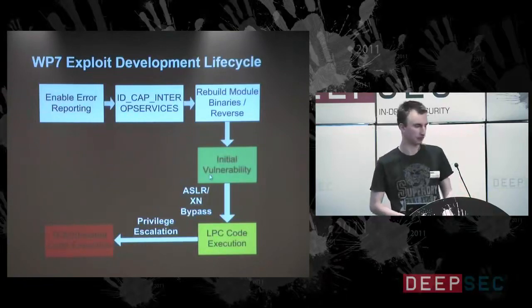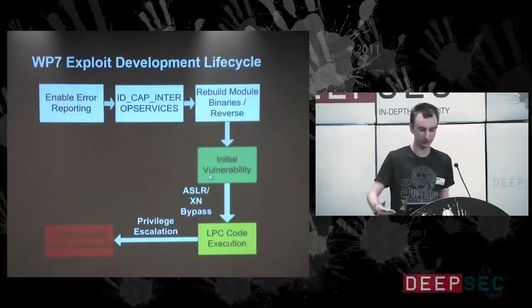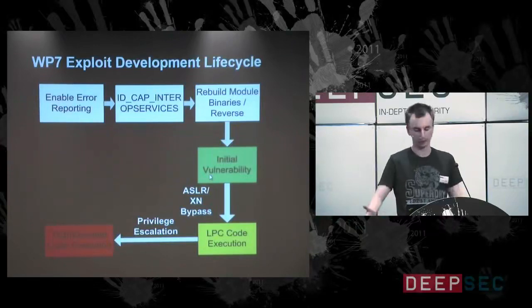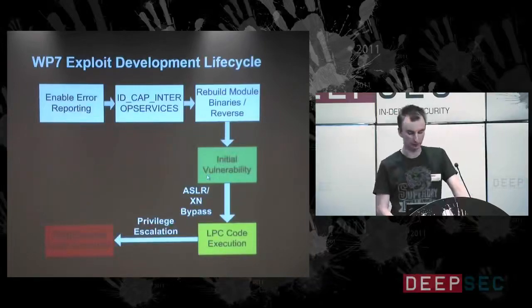You don't know where your data is in memory because of the ASLR. Even if you could find your injected shellcode, you still wouldn't be able to execute it because the memory page would be marked as non-executable. So you need a vulnerability to get around that.